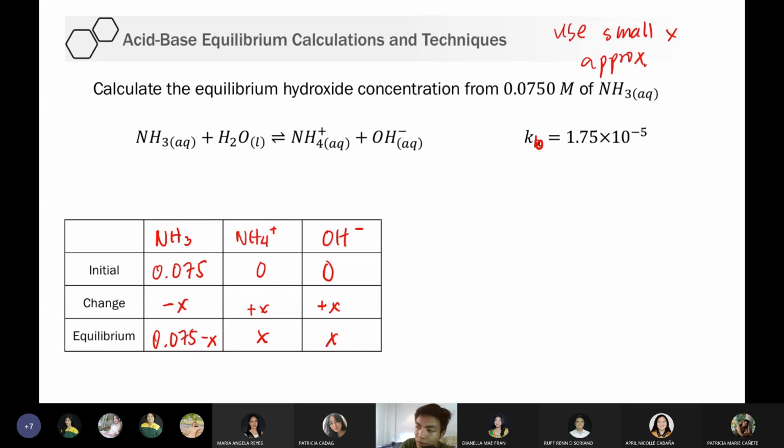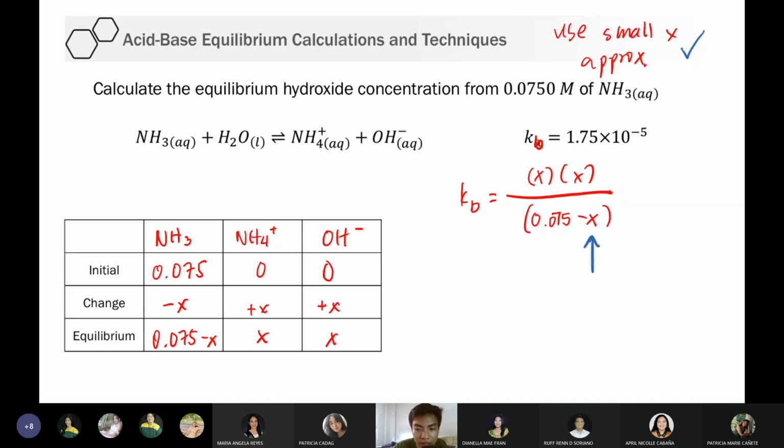Tapos anong gagawin mo? You plug this into your K expression. In our case, KB. On numerator, X and X ulit yan. On your denominator, you have 0.075 minus X. Again, sabi natin, this problem qualifies sa small x approximation. That is, we can remove itong minus x sa denominator.